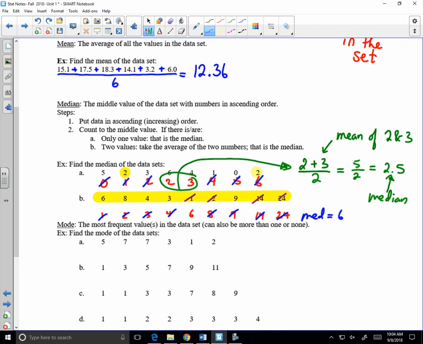Looking at the remaining numbers, smallest number, largest number, 3 and 9, cross them off. Remaining numbers, 4 and 8, cross them off. And so the only number left over is 6, right?